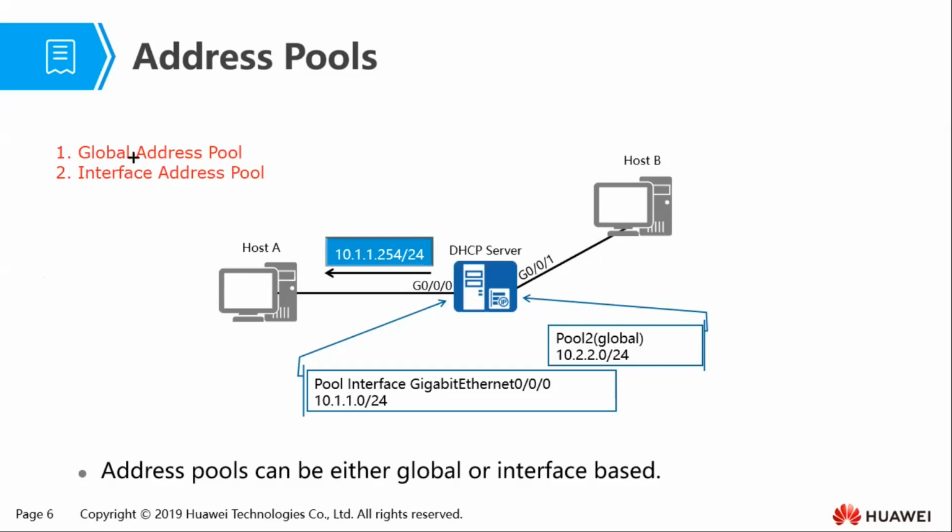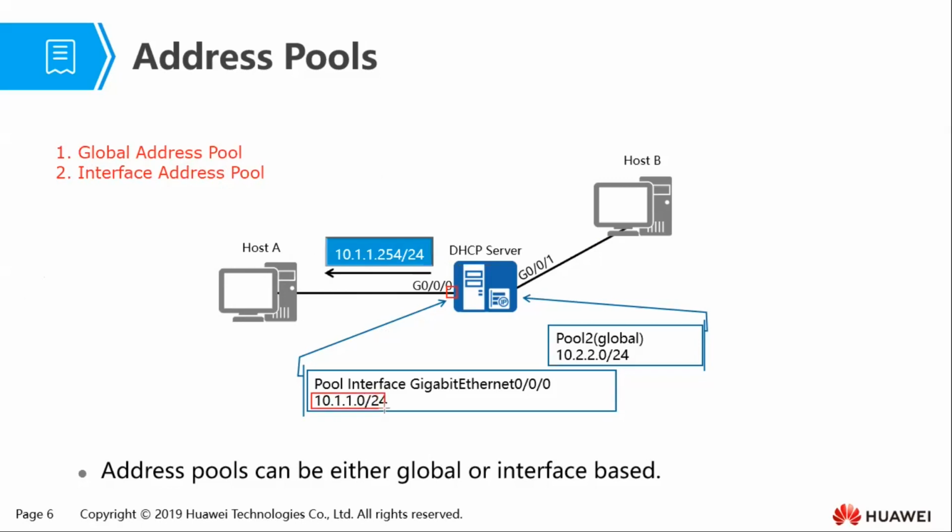Then we have the interface pool. Now the interface pool is more specific in terms of only devices that are connected to that interface network segment will be assigned that particular IP address range.